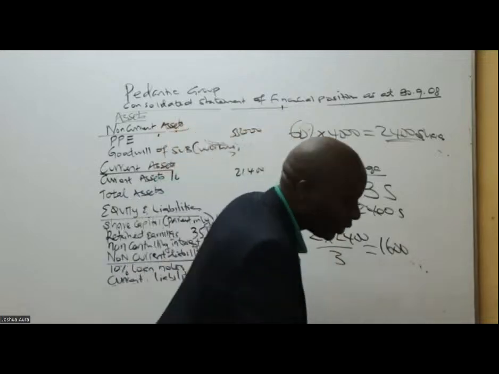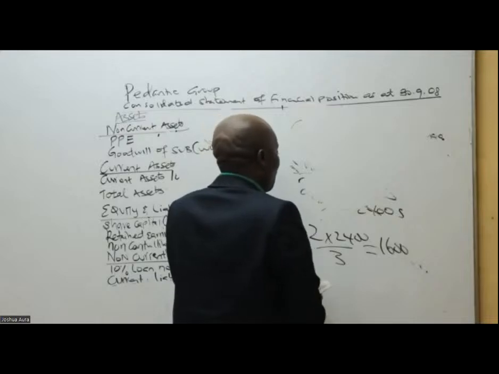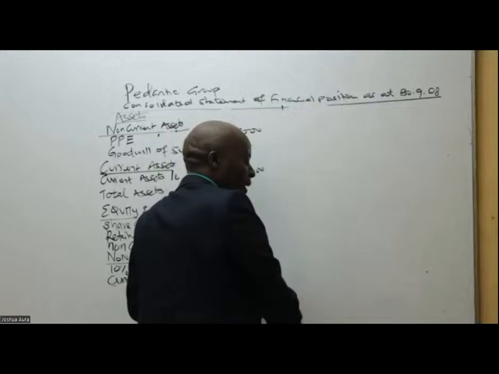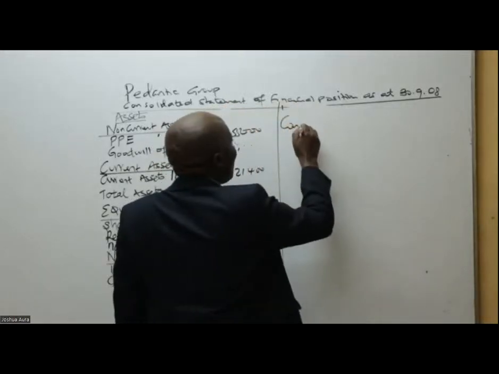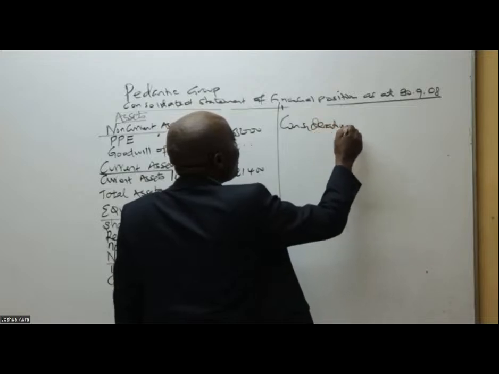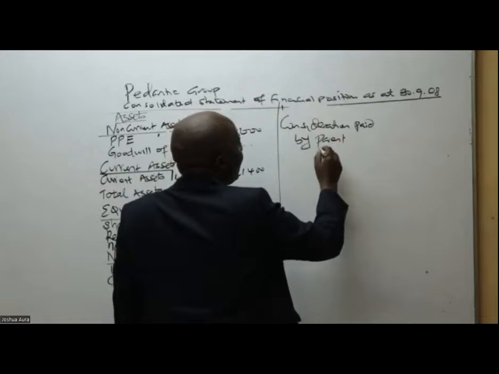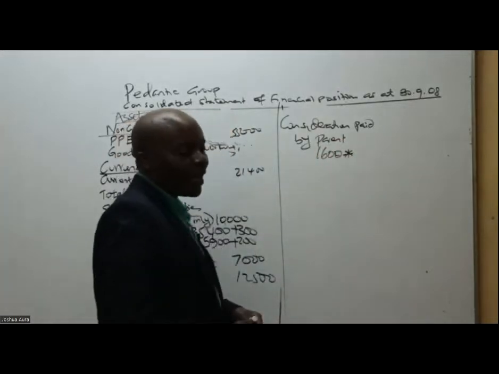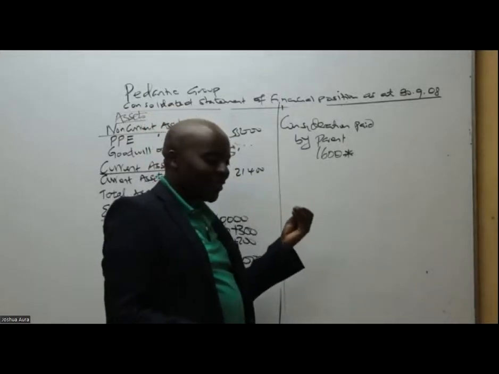Now listen. Now we are calculating goodwill, where we are looking at the consideration that was paid by the parent company. You have said 1,600, and fortunately they give you the market price of the shares. You must know the parent's value of share.